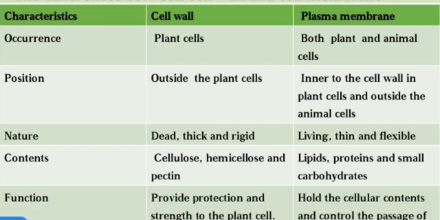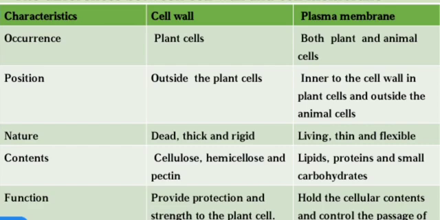carbohydrates. Then coming to the function of the cell wall, it provides protection and strength to the plant cell. Whereas the plasma membrane holds the cellular contents and controls the passage of material in and out of the cell.